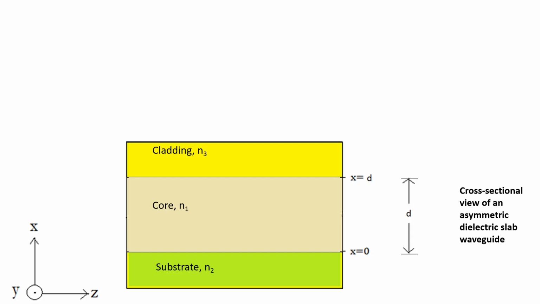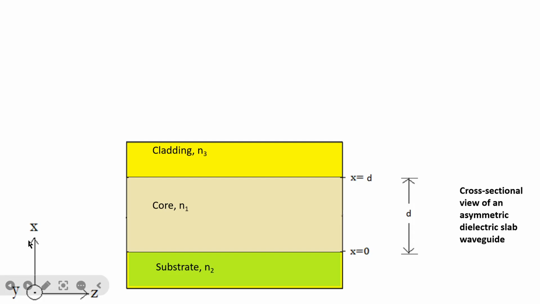And throughout our analysis, we are going to base our analysis on a two-dimensional plane. The horizontal axis is the z-axis, and this is the axis along which the wave propagates in the core channel.